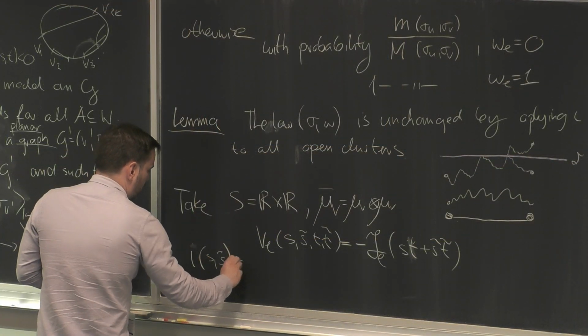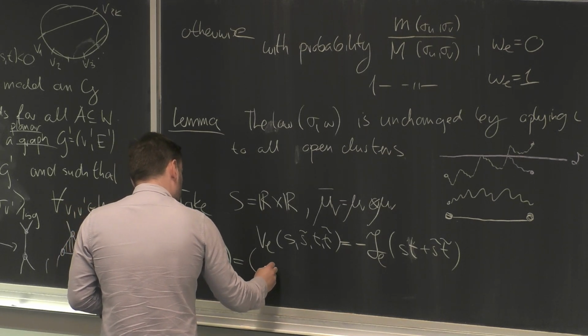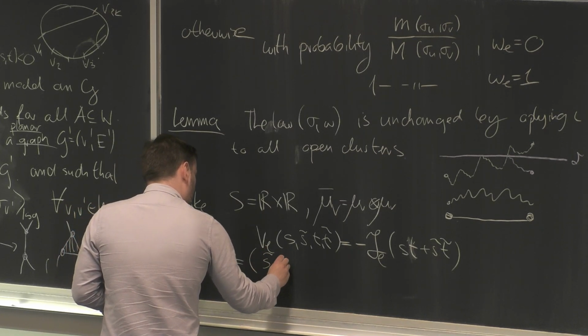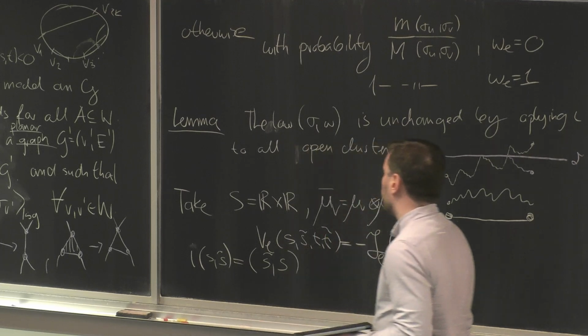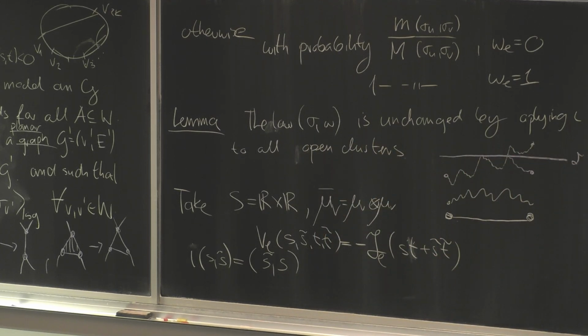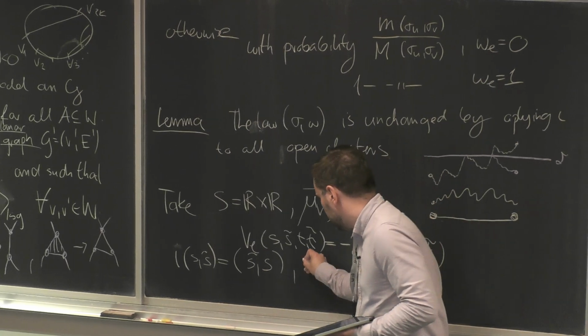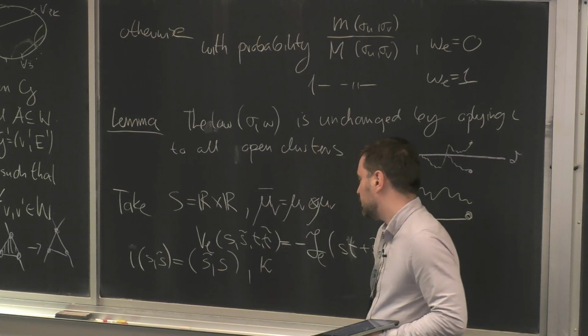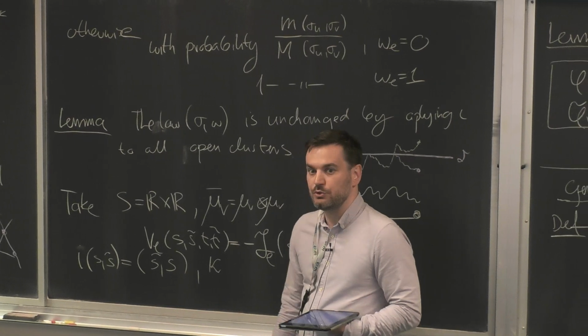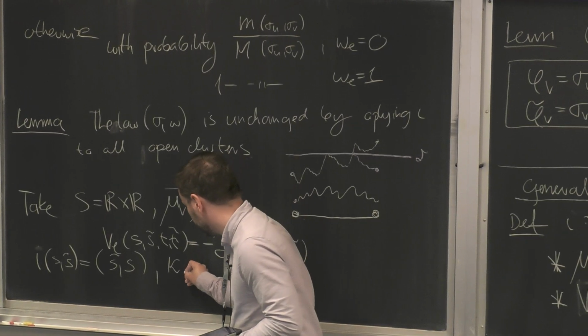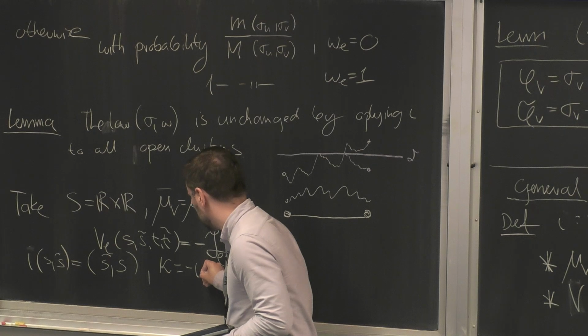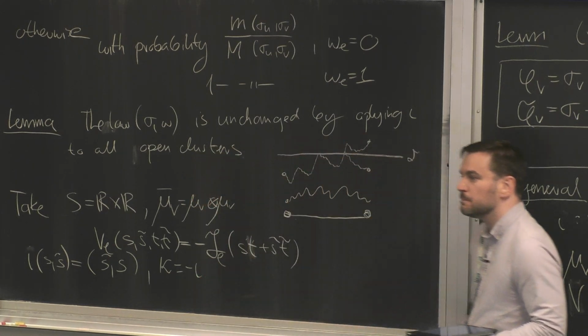I want to take one involution which just reverses the points, so S tilde, S. So it's an involution. You can check that all conditions of my framework are satisfied. And then I say that kappa is minus that involution, which is also an involution. Kappa is minus iota. Okay?